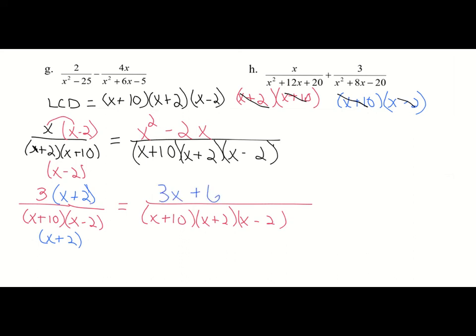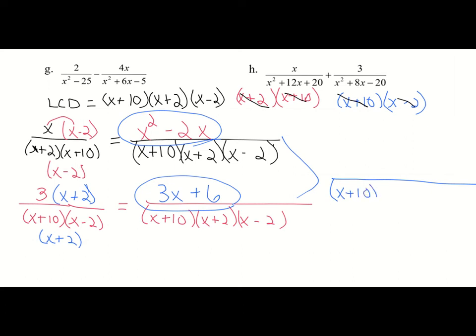And it is an addition problem, so I'm going to add these two numerators together and make it into that one single fraction. So my denominator is going to be x plus 10 times x plus 2 times x minus 2.